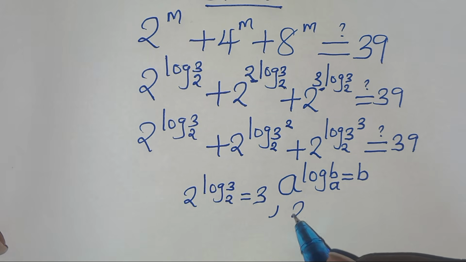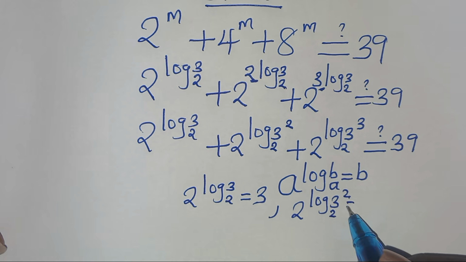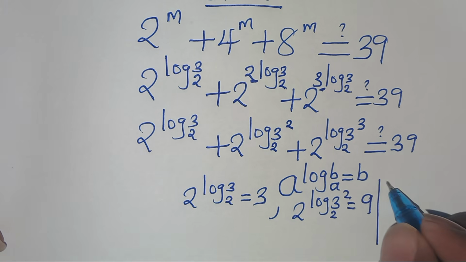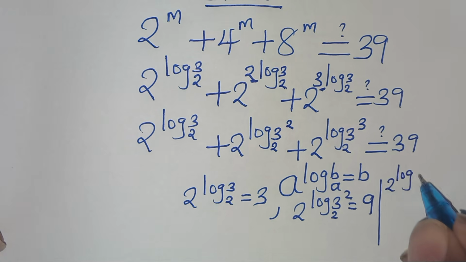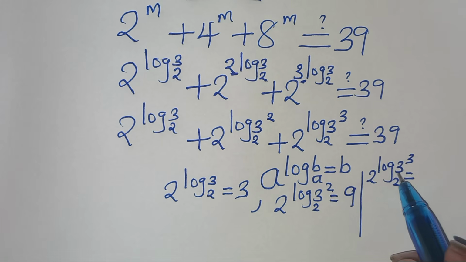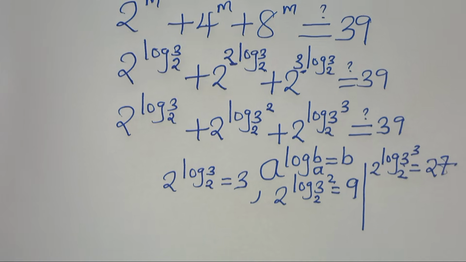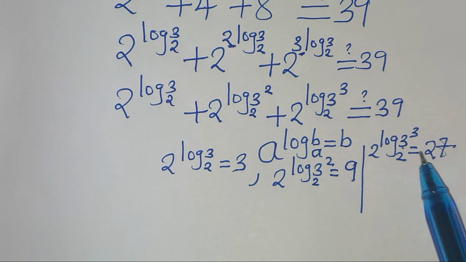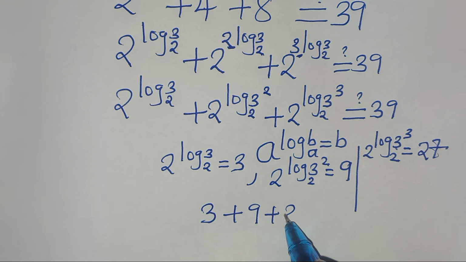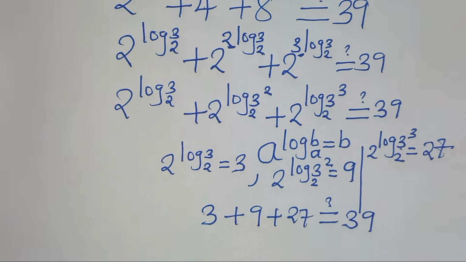And then we have 2 raised to the power of log 3 squared to base 2. This should give us a value of 3 squared, which is equal to 9. Then we have 2 raised to the power of log 3 raised to the power of 3 to base 2. This should give us a value of 3 to the power of 3, and this is equal to 27. So now let's sum up 3, 9, and 27. This is supposed to give us a value of 39.